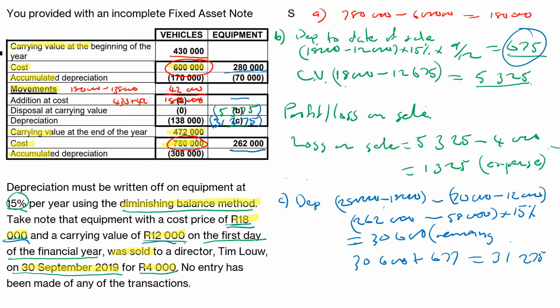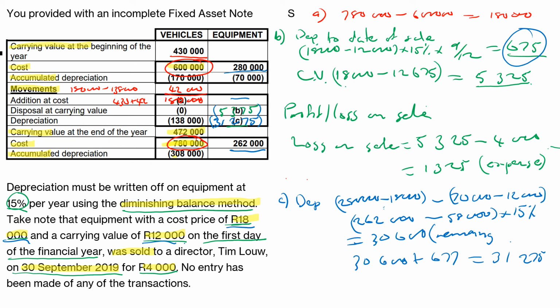So your total movement will be minus 5,375 minus 31,275. So that's 31,275 plus 5,375.